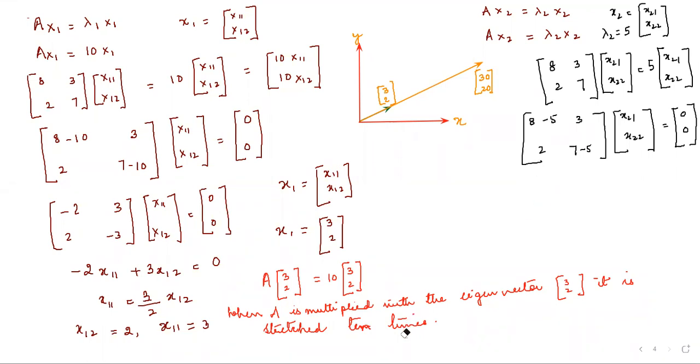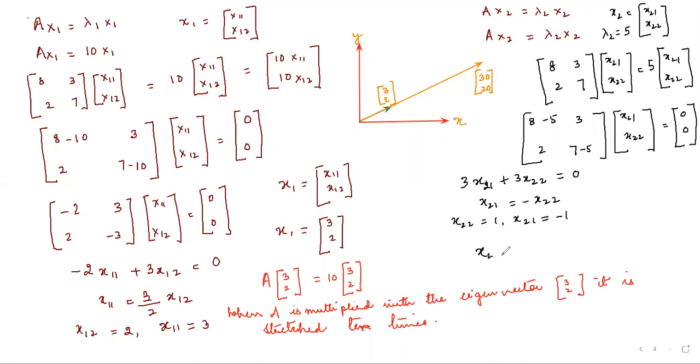Yeah. So here we have 3x21 plus 3x22 equal to 0. So x21 equal to minus x22. So if you put x22 equal to 1, then x21 equal to minus 1.